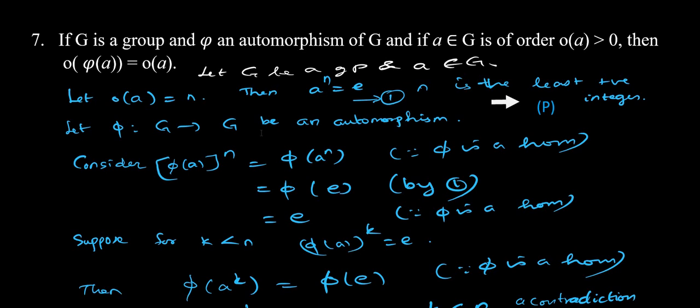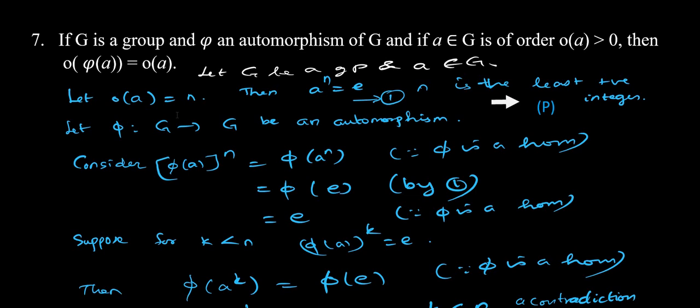All of them take place first of all in the group G, because once you have an element from G only, the rest of the things can be described. So we'll first say let G be a group and A be a member of that. And let us take the order of A to be, say, some positive integer n.